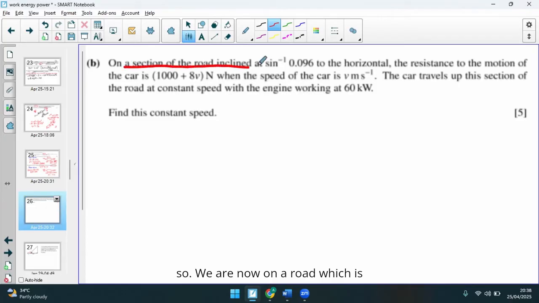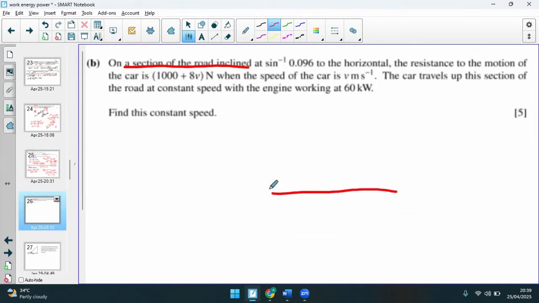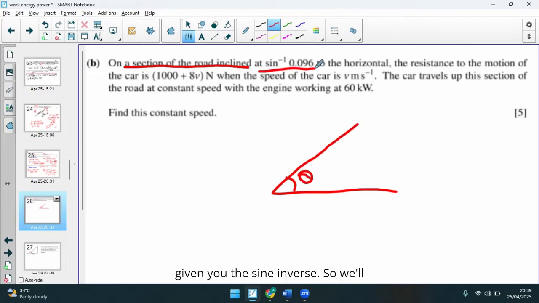So we are now on a road which is inclined. The last one was horizontal. They told you it's horizontal, that's why all our diagrams were horizontal. This one is inclined. They haven't given you the angle, they've given you the sine inverse, so we'll use that. But just putting theta there. Let's see what we've got. This is your car, that's your driving force. Actually, we might not need the diagram, so let's just see.